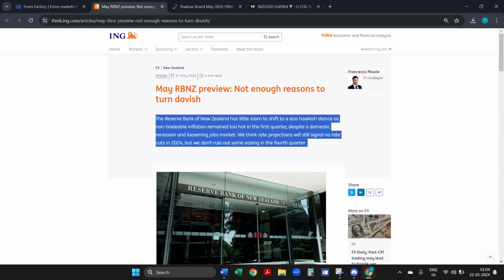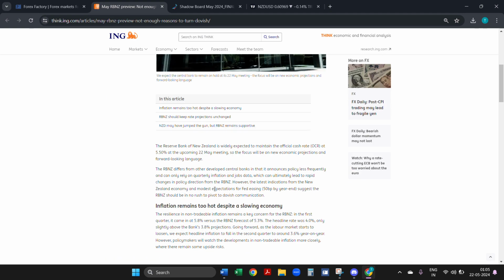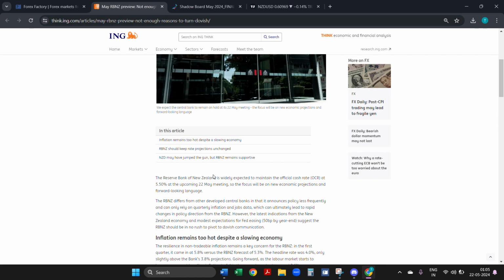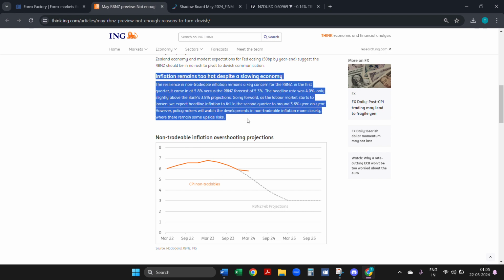We can read here, we think the rate projection will still signal no rate cut in 2024. They are looking for no rate cut in 2024, which is a good sign for the New Zealand dollar. It might still strengthen or keep its momentum in the currency market.